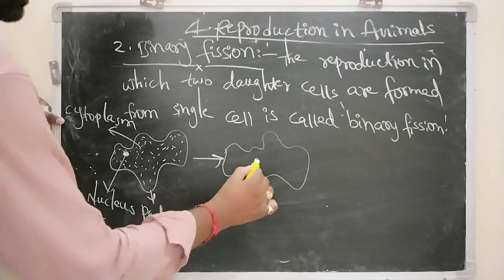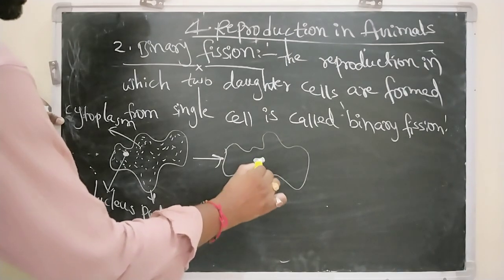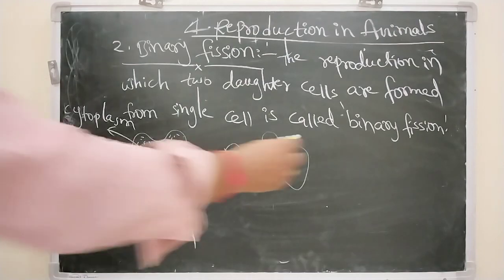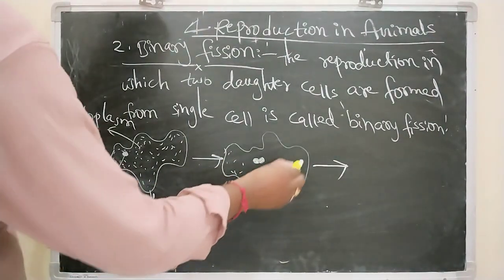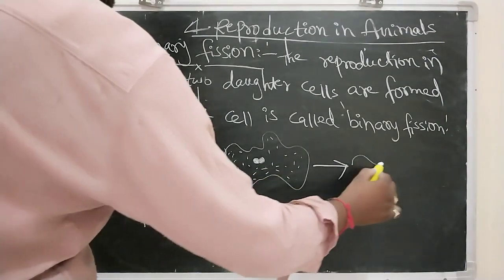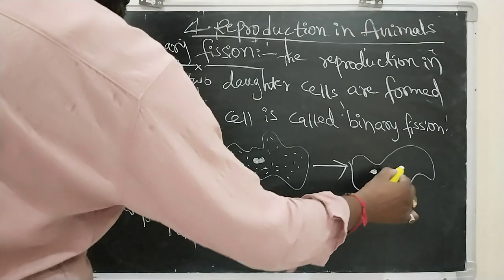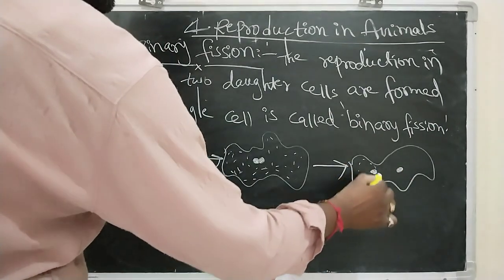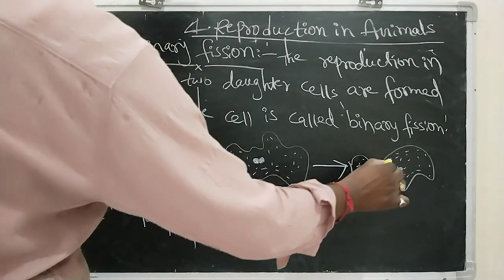Whatever the amoeba nucleus is there, it starts dividing like this. Then two nuclei are formed from a single nucleus.